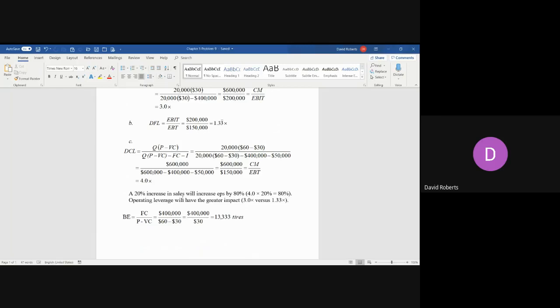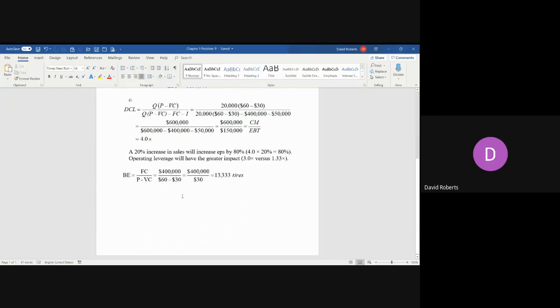So 20% increase in sales, 80% increase in earnings per share. But it also means that a 20% decrease in sales will have an 80% decrease in earnings per share. And so the operating leverage has a greater impact, as you can see by the ratios here, 3 times versus 1.33.